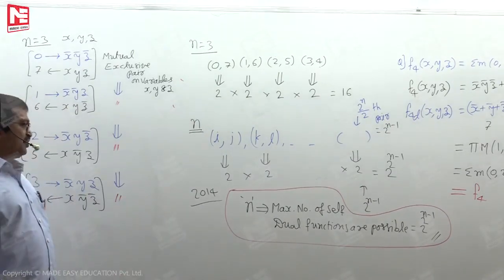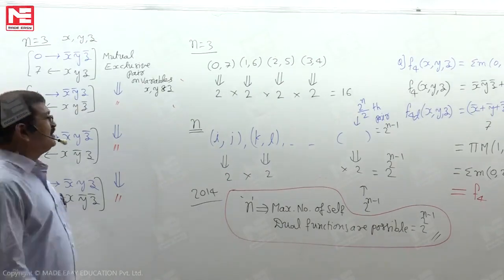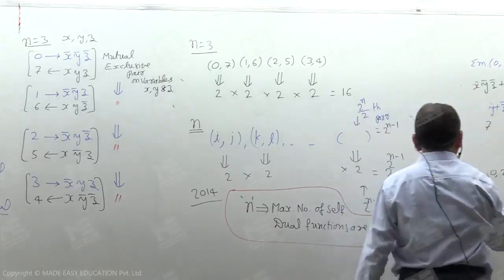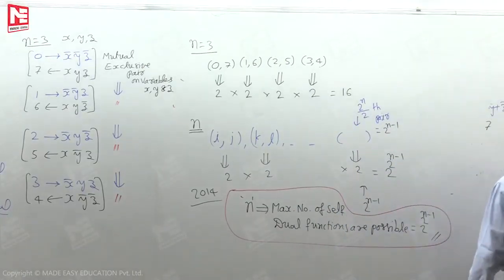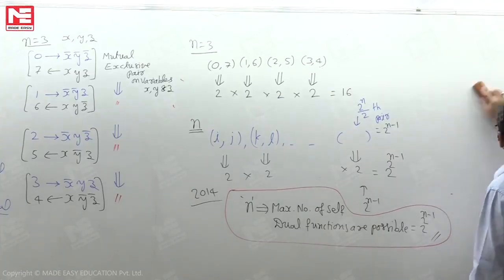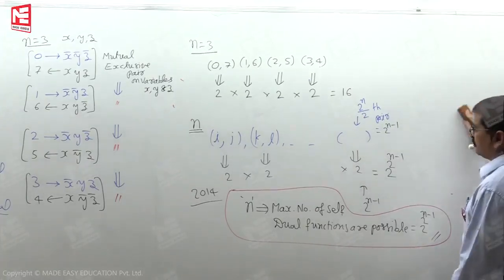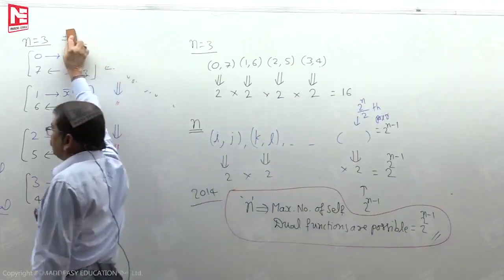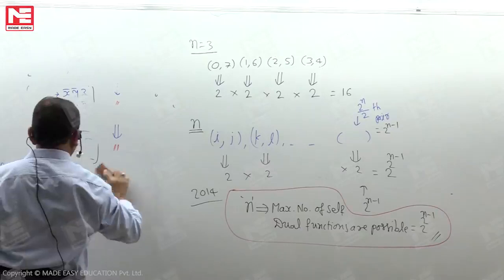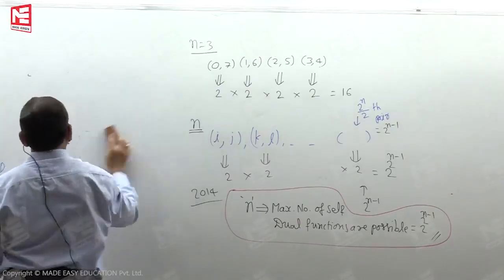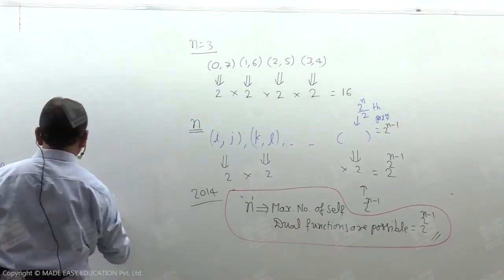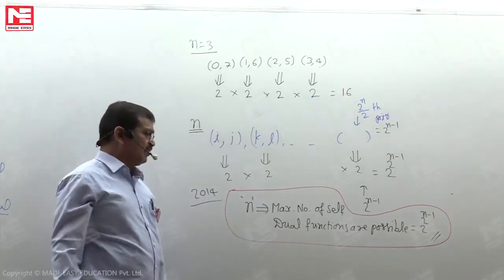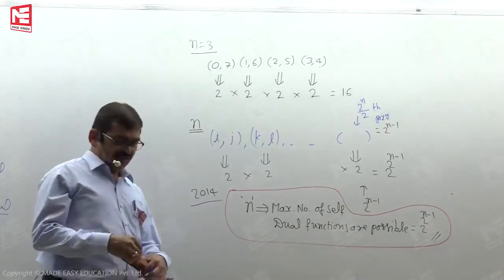Now looking at all this discussion, this is the maximum number of self-real functions possible on n Boolean variables.